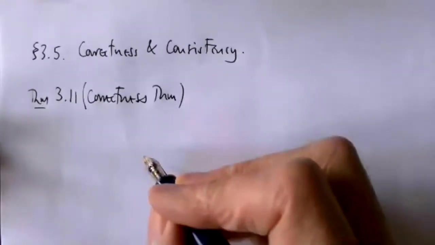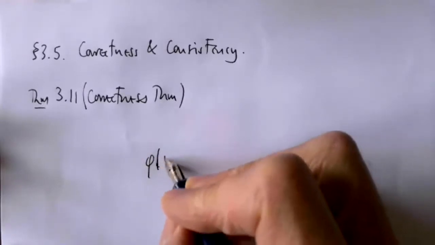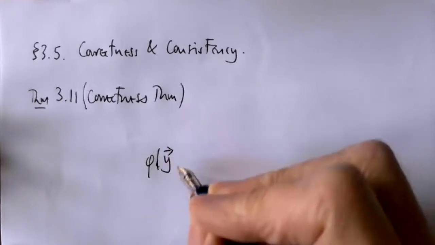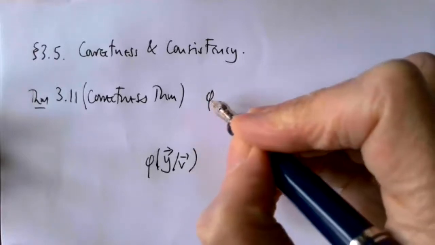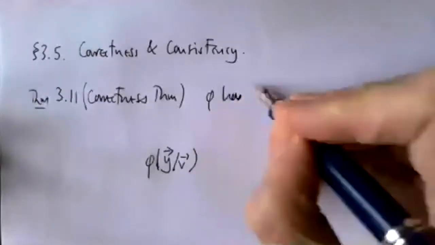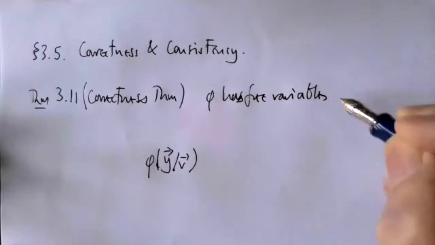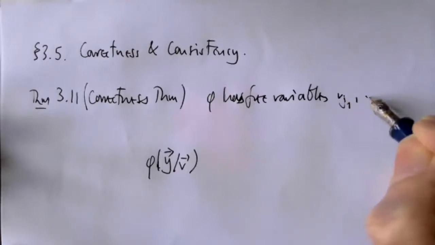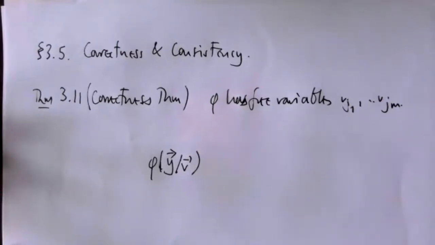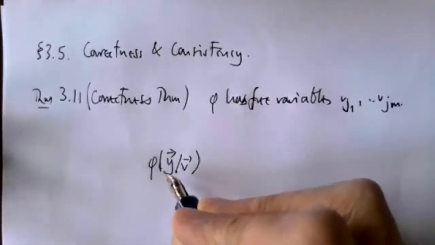I might have a formula, phi, say, with free variables v_j1 up to v_jm. Here's an m-tuple of objects for these free variables.